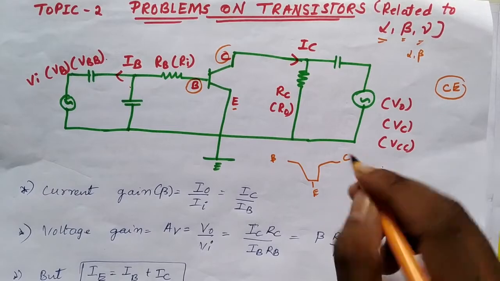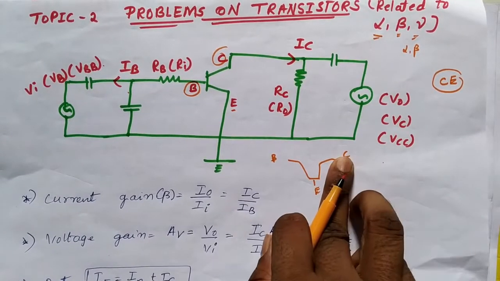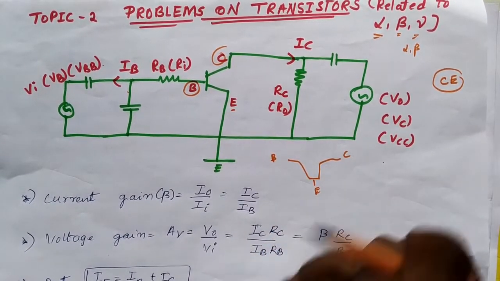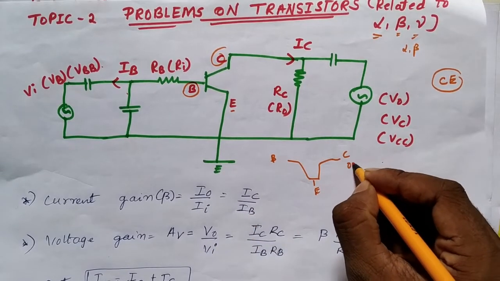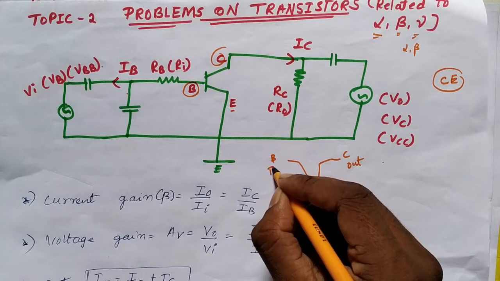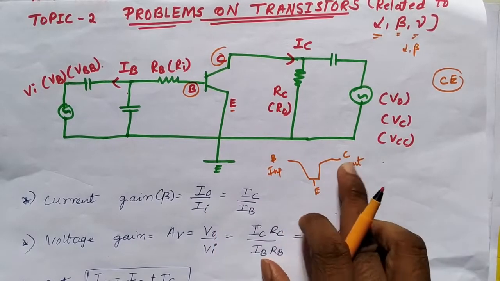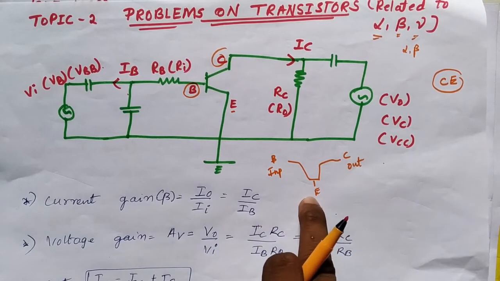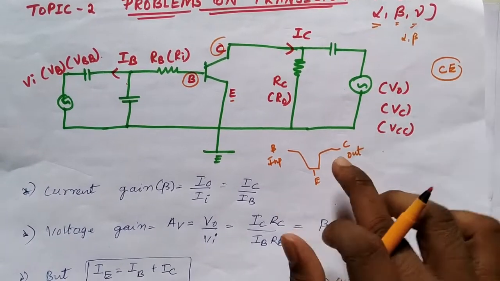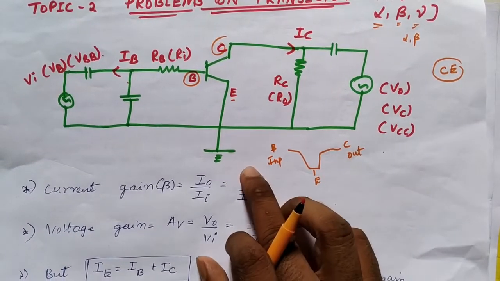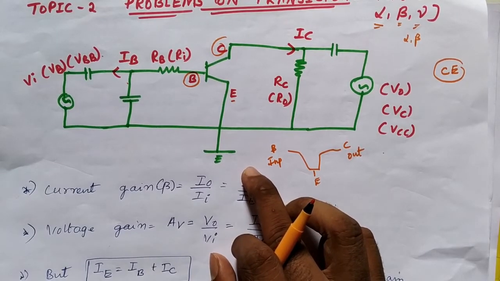base and collector side of setup, collector side has to be the right side has to be considered as output. This is considered as output and this is considered as input. Remember, in the common emitter type of setup, the right side or the collector side is considered as output and the input side is usually a base.